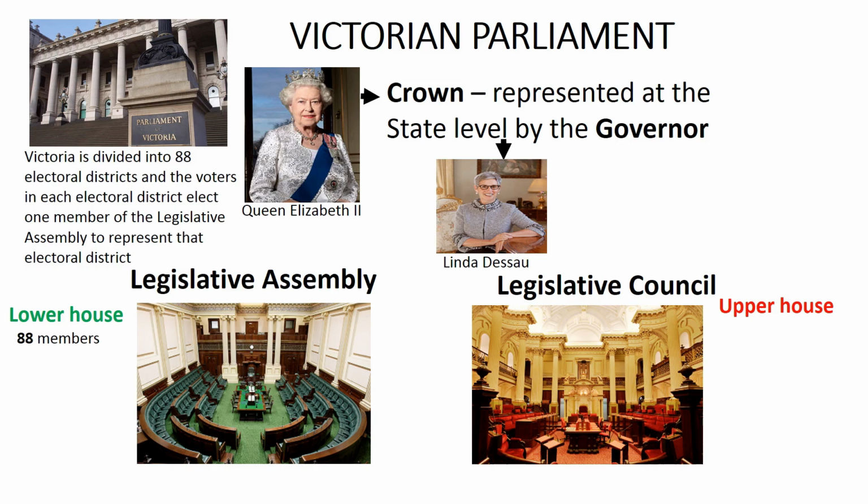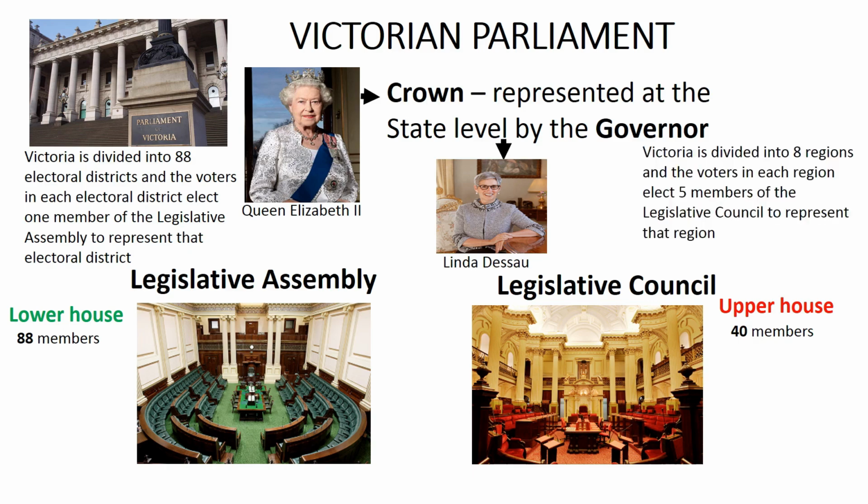On the other hand, the Legislative Council consists of 40 members, and this is because Victoria is also divided into 8 regions, and the voters in each region elect 5 members of the Legislative Council to represent that region.